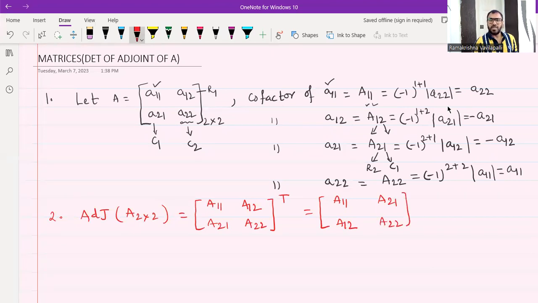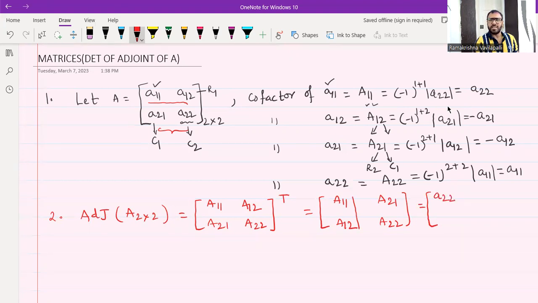Which means the first row elements' cofactors are written as the first column, and the second row elements' cofactors are written as the second column. So now the adjoint: the first one is a22.